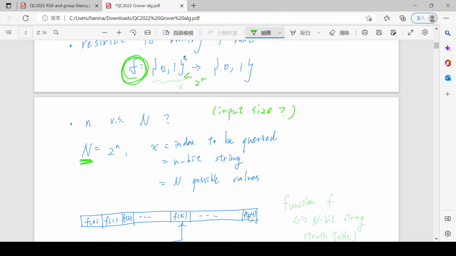So the total possible number of truth tables is 2 to the big N, because f of 0 can be 0 or 1, f of 1 can be 0 or 1, f of 2 can be 0 or 1, etc. So the truth table of f is this big N-bit string.